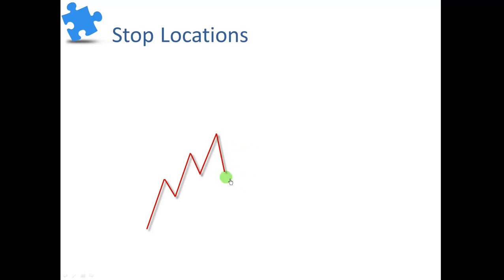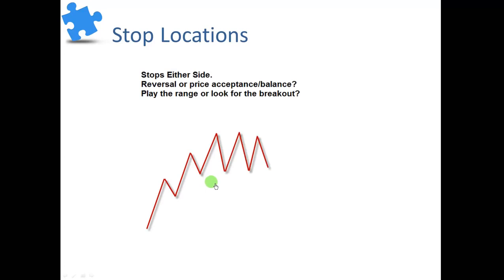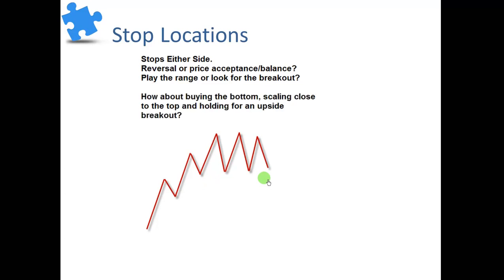So at this point, we've probably got some longs itching to get out, and they'll probably get out if this low is breached. But as we go into a range, the picture is going to start to change a little bit. When we get into this range or temporary value, the longer that sideways market goes on, the more balanced it becomes in terms of stops either side.